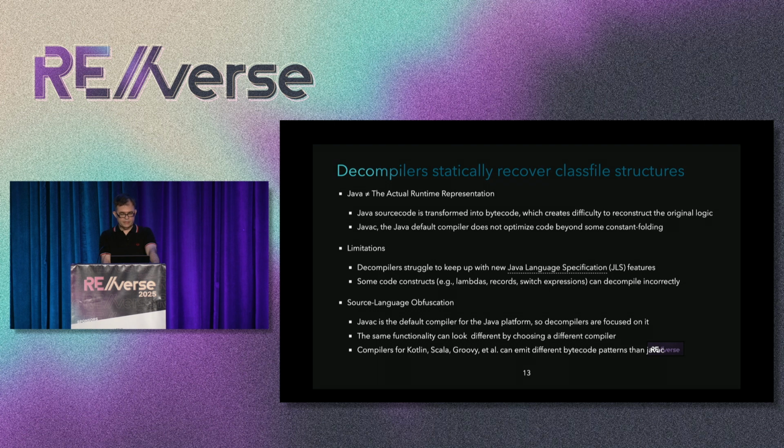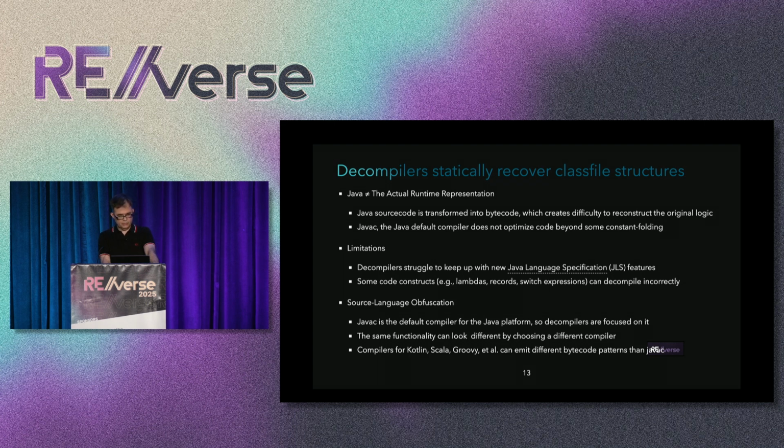The compiler in itself is the JIT. We come to that later. That does the real magic. There are limitations. Decompilers struggle to keep up with new Java versions, sometimes even struggle with old Java versions. Some constructs, lambdas, records, switch expressions, sometimes are not shown as intended.